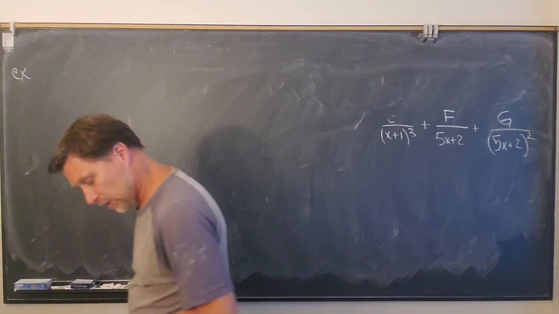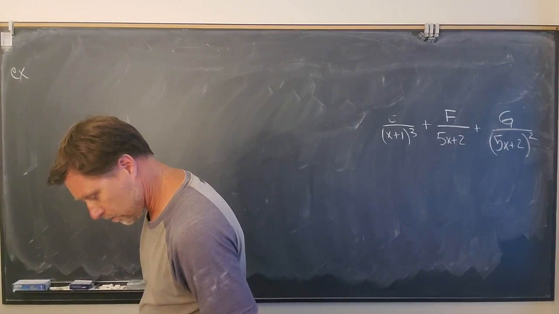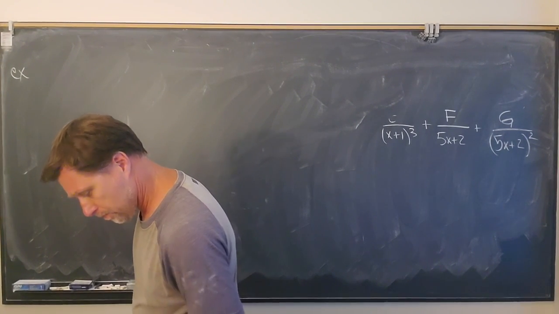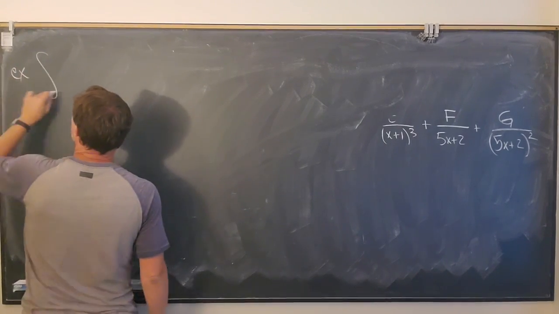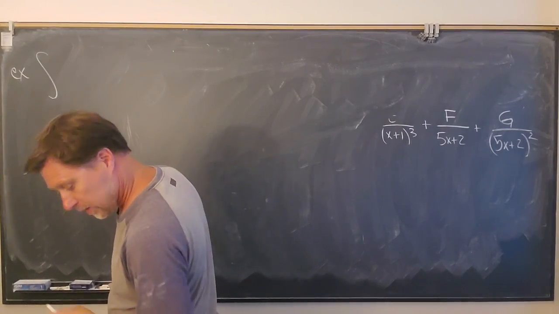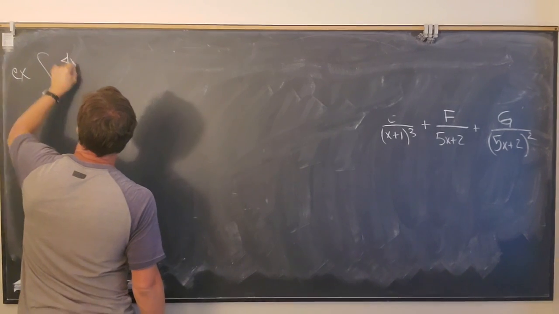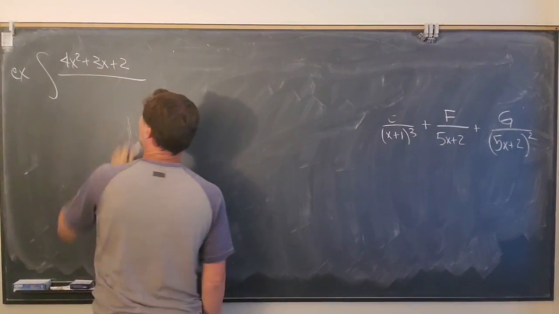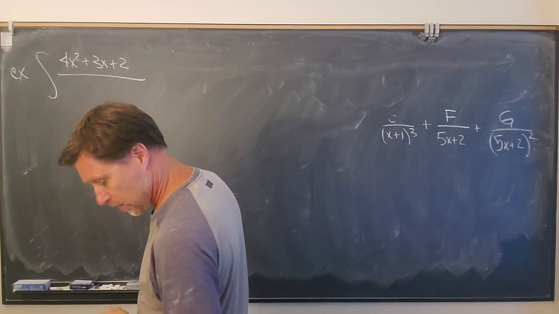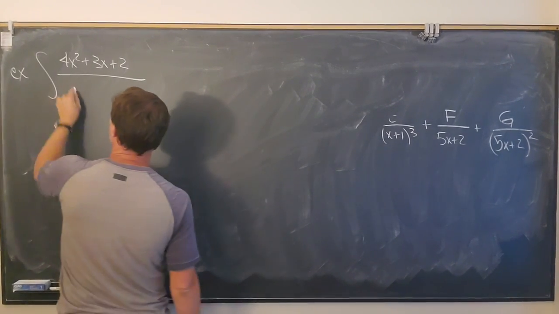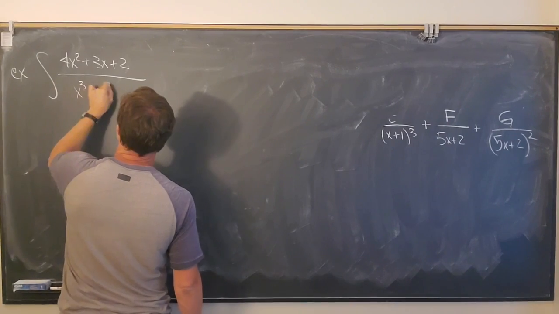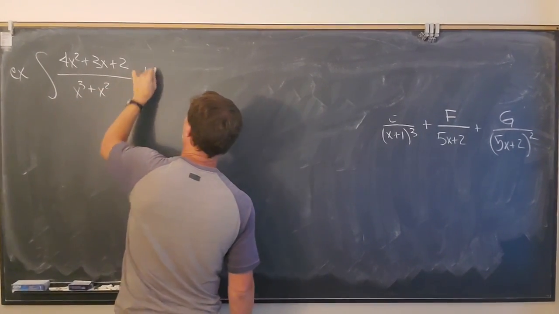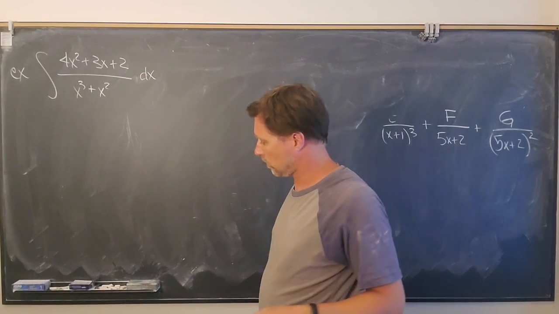So, as an example, let's compute the following integral. We want to integrate 4x squared plus 3x plus 2 divided by x cubed plus x squared. So what do we do?